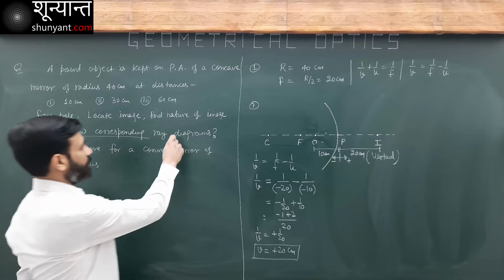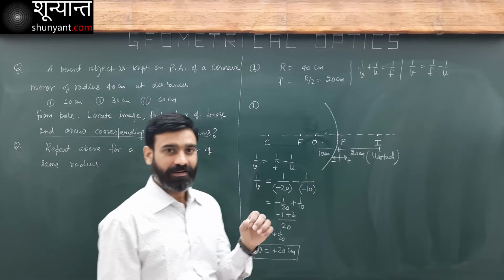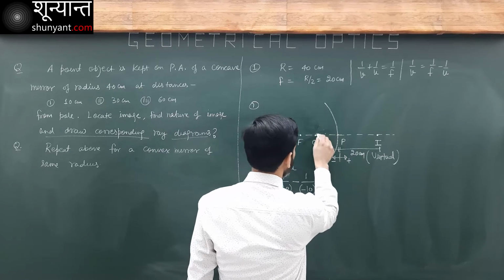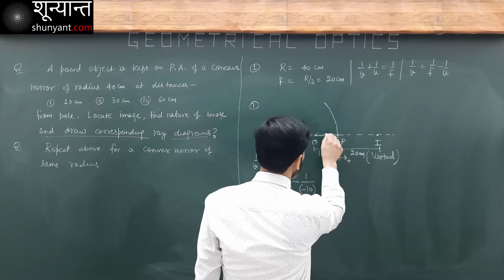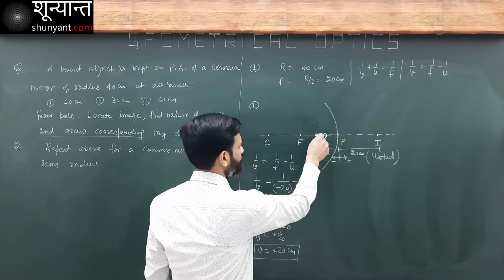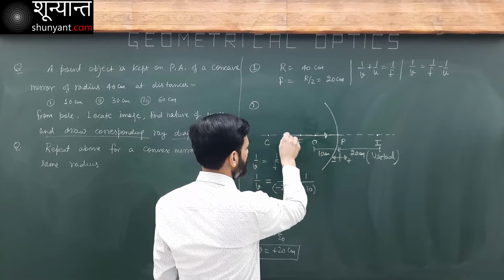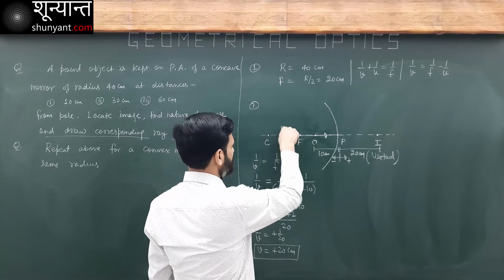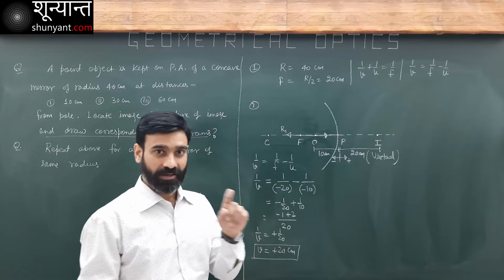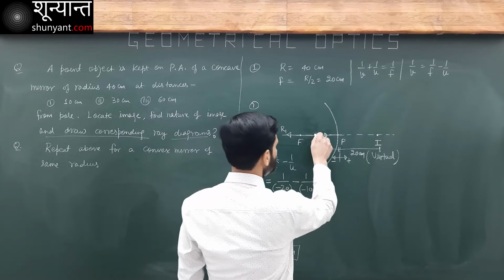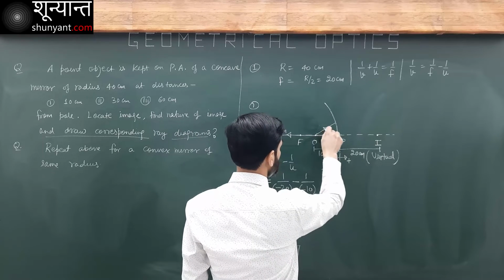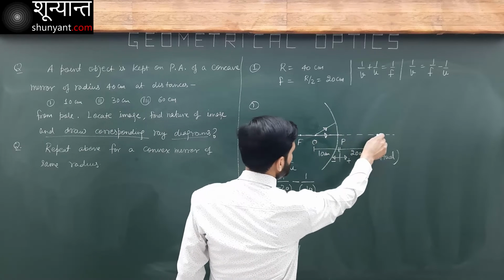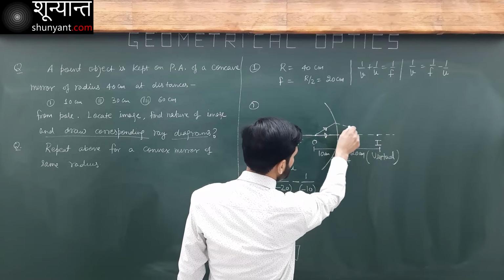Now, the corresponding ray diagram. To find the image, I need minimum 2 light rays. Let me take the simplest one. I take one light which goes along the principal axis. It hits the pole and will be reflected in this direction. So this becomes one reflected light. If you take any other light, it is going to be reflected, appearing from this point here.